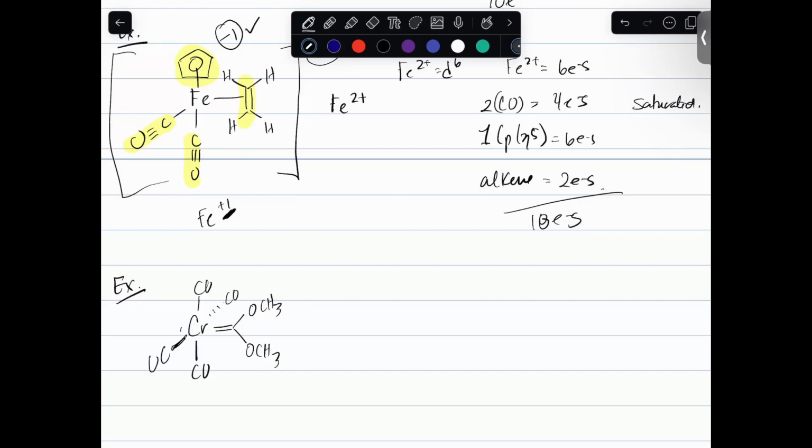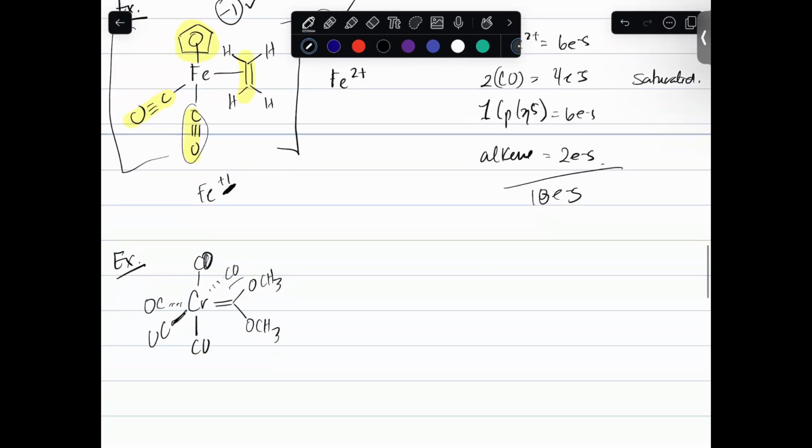And instead of drawing out the carbon monoxides, like I did here, I'm just drawing out CO. Okay. So notice how in this case, all of these ligands are neutral, right? Carbon monoxide is neutral. And if you remember, carbenes are also neutral. So in this case, the oxidation state of chromium is 0. And because it's 0, it has d6 electrons.